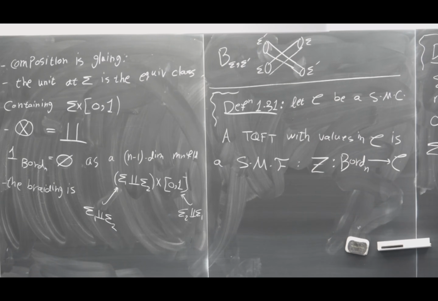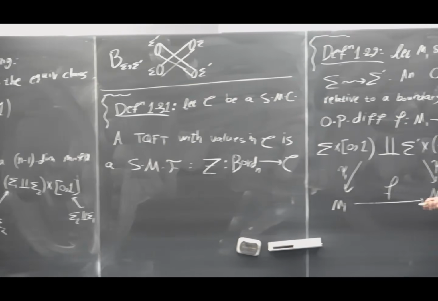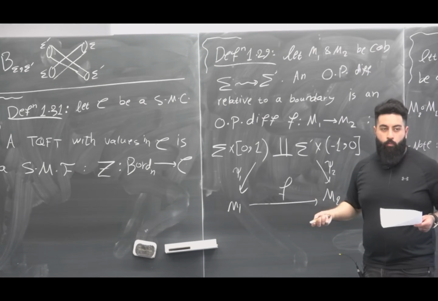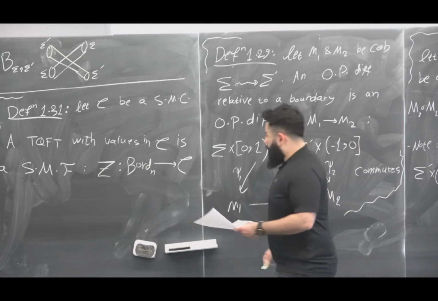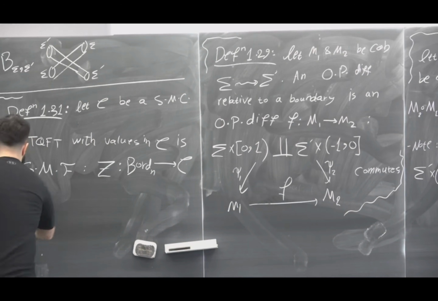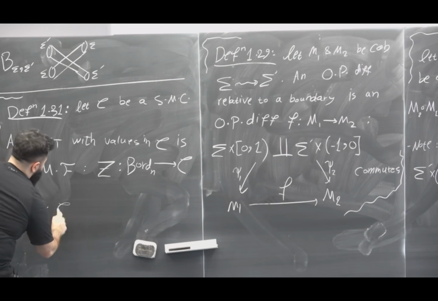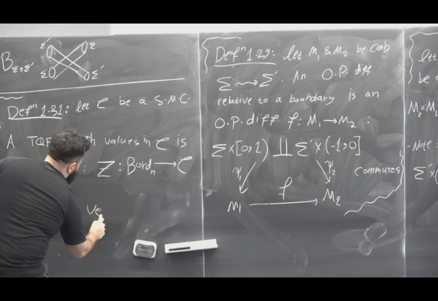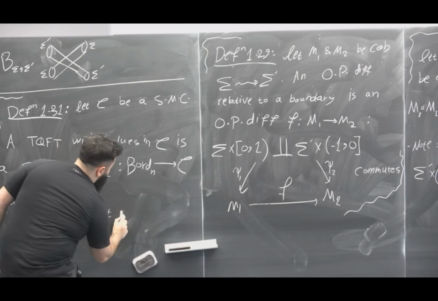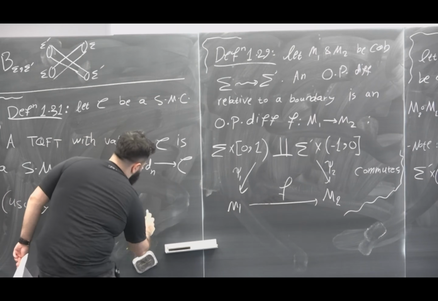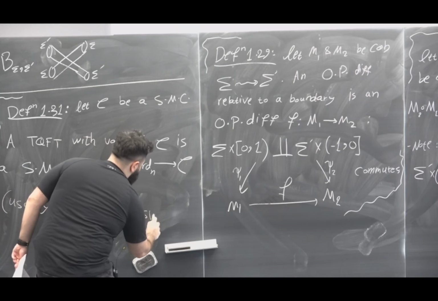Now, the most common symmetric monoidal categories C for a TQFT are usually the category of vector spaces, denoted as Vect, or SuperVect, which is supersymmetric vector spaces. So you include bosons and fermions as the physical reason. So usually C equals Vect or supersymmetric Vect, sometimes written as SVect.